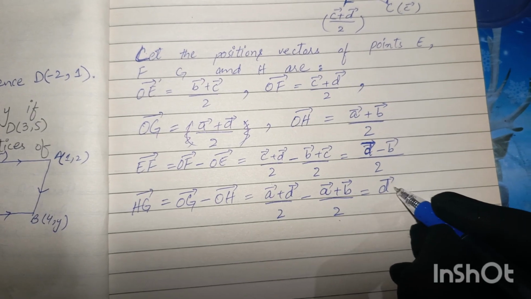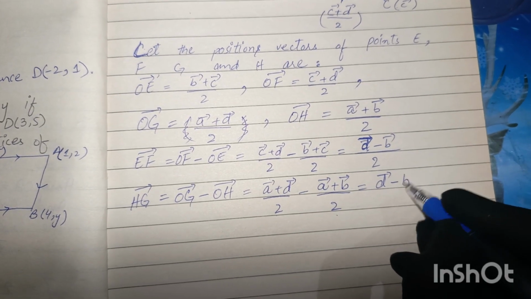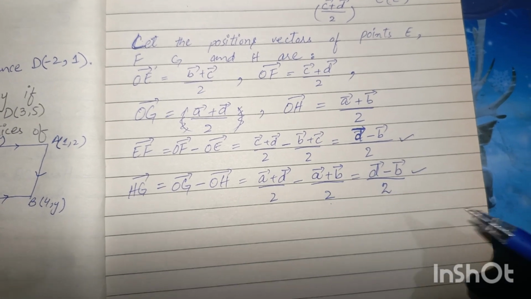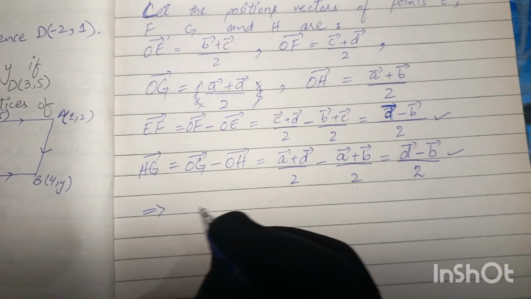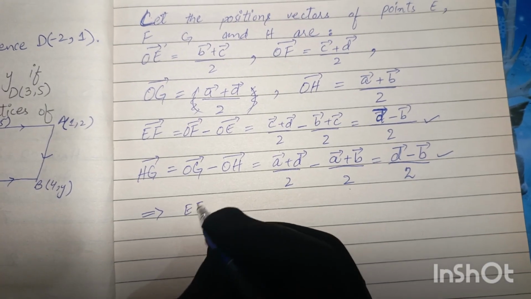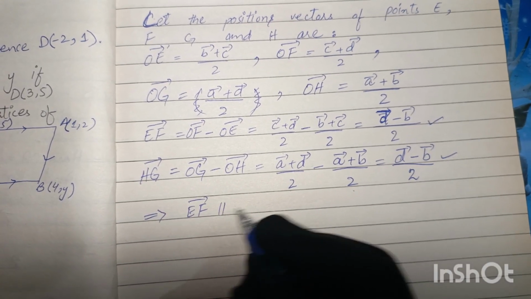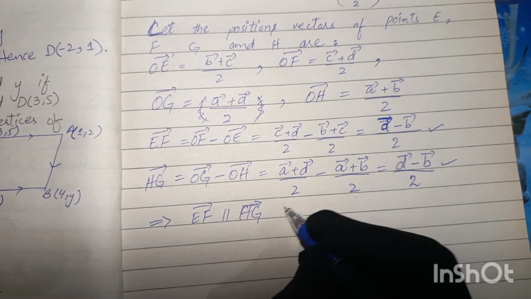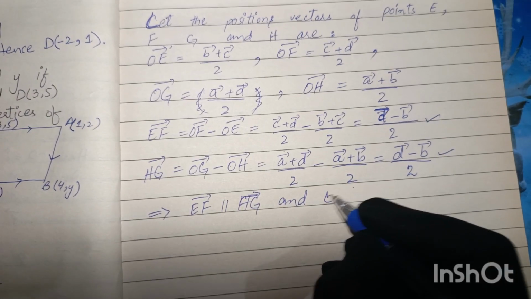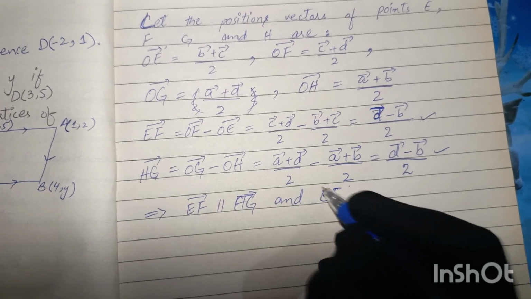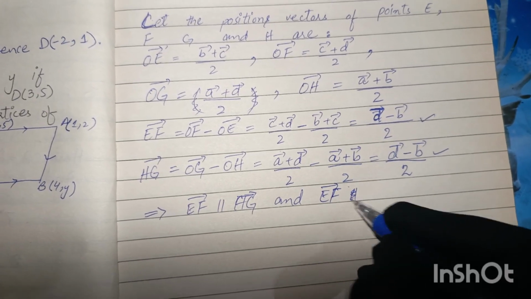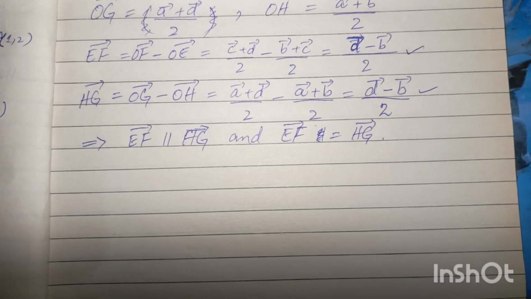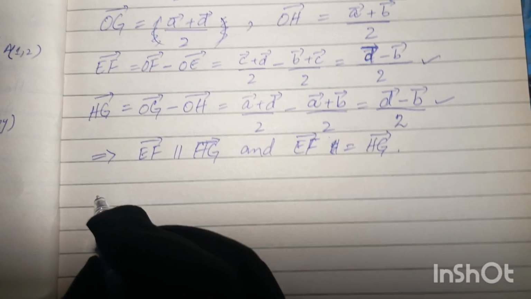So the answer will be (D minus B) divided by 2, which is the same as this. So it means EF is parallel to HG and EF is equal to HG.